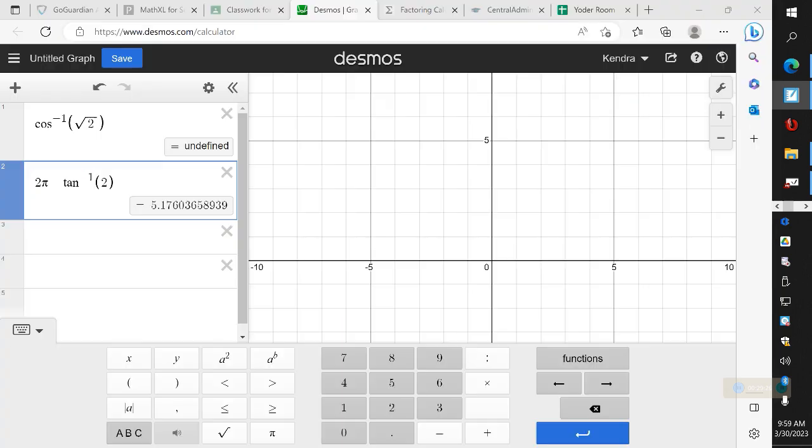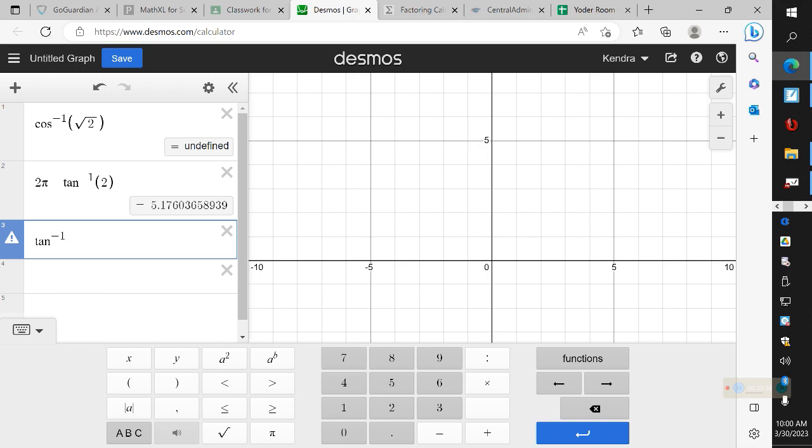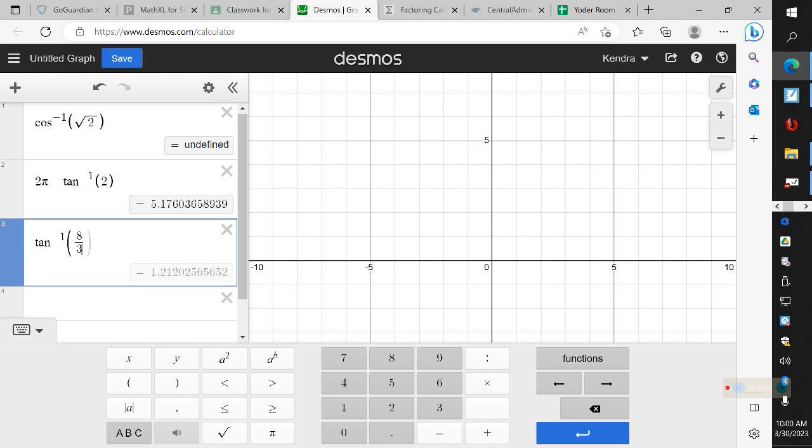So I'm going to come over here, and I am going to type in the tan inverse of 8 divided by 3. And it gives me this. So I'm going to go out 4 decimal places. So 1.2120.